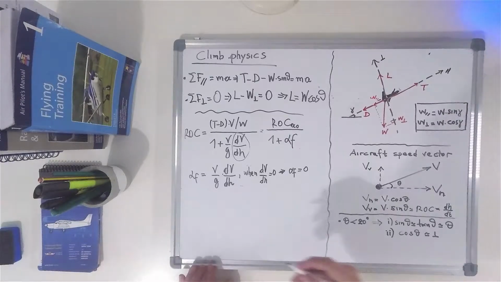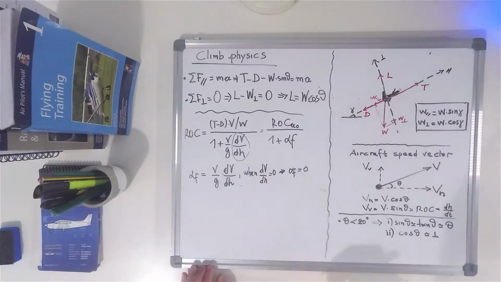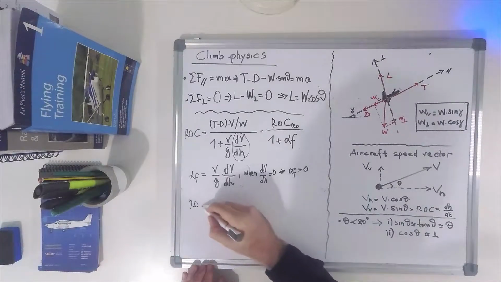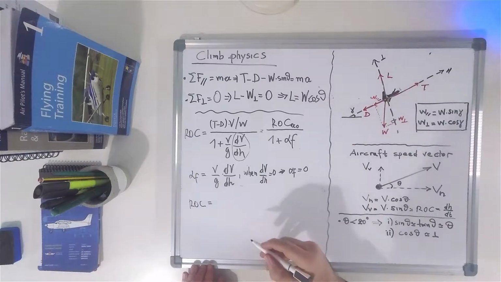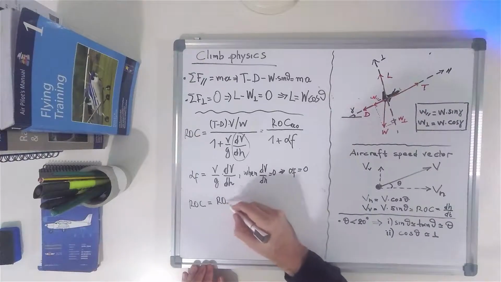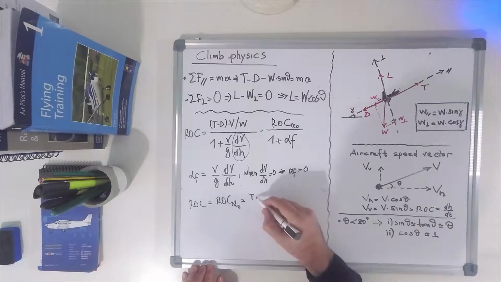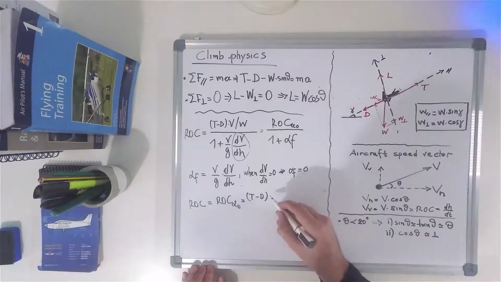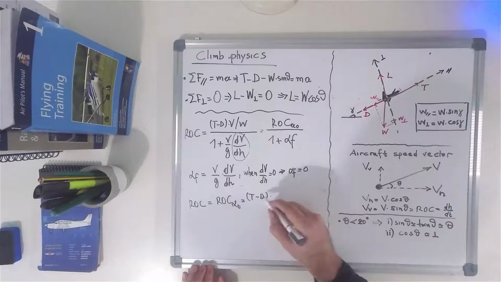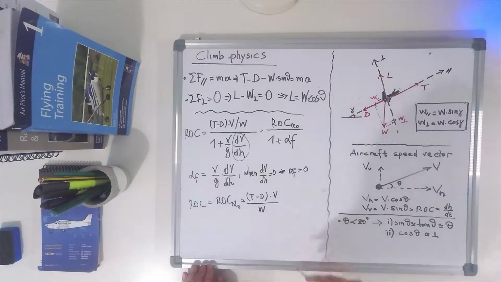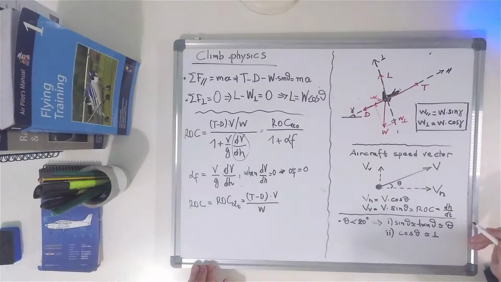In that case, where the aircraft is climbing with constant airspeed, the rate of climb is going to be equal to the rate of climb with zero acceleration, which is thrust minus drag multiplied by the airspeed divided by the weight.